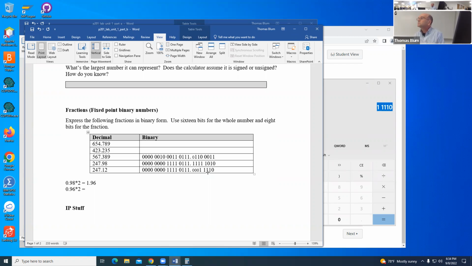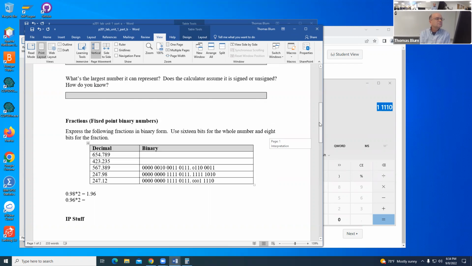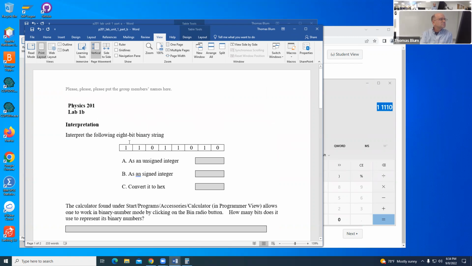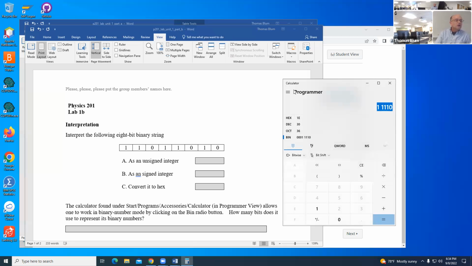Questions? At the top of part B, this is with the calculator, how many bits are used to represent binary numbers? Of the calculator here. Okay, the calculator. So the easy way to answer the question is to put in a negative 1, because that's all ones.